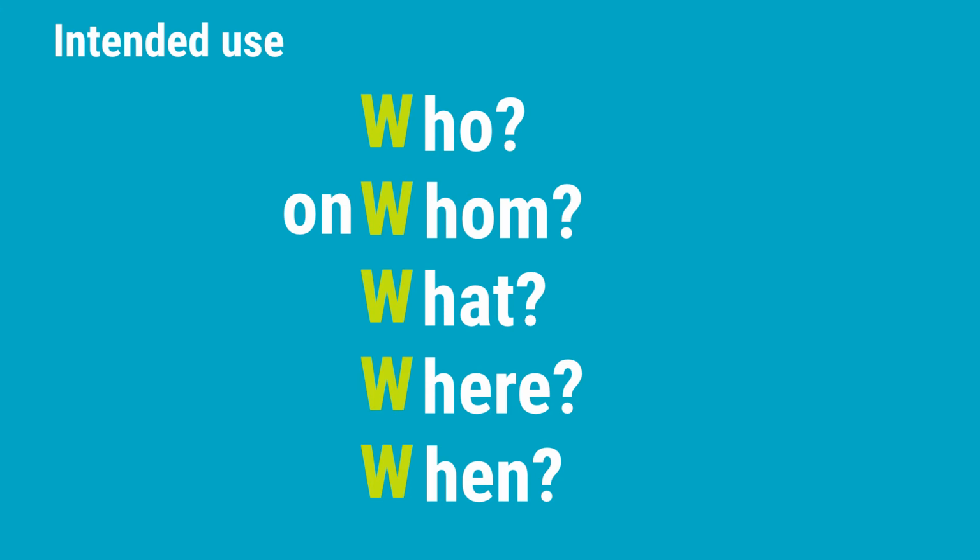Now, one way to come up with an intended use is to answer questions like who will be using the device, on whom, for what, where, and sometimes even when. And if you answer these questions in a few sentences, then you will have defined your intended use. Not all intended uses will be fully defined and answer all these questions, but if you do answer them all, you should have a good idea of your intended use.